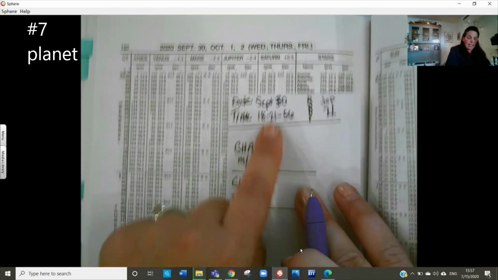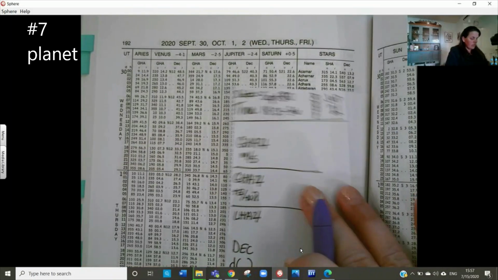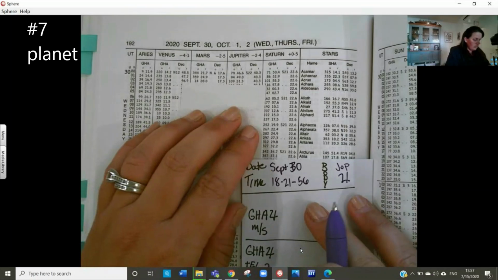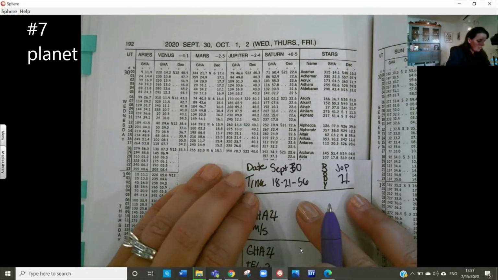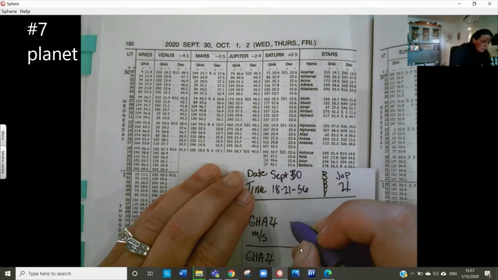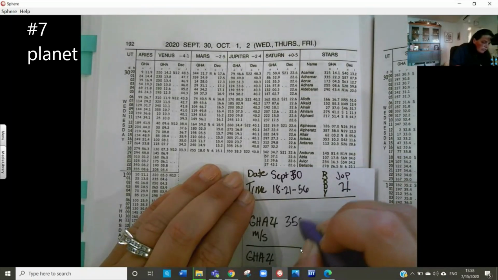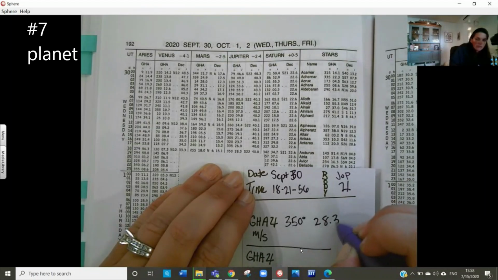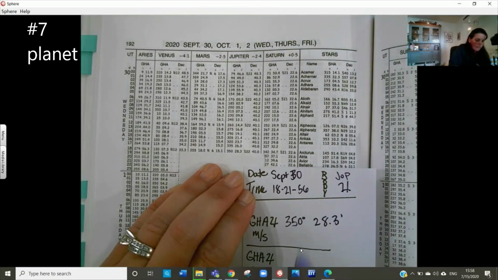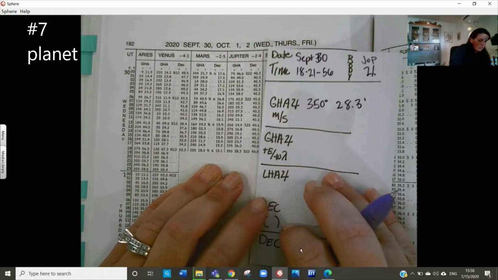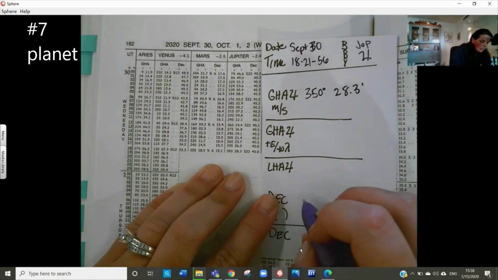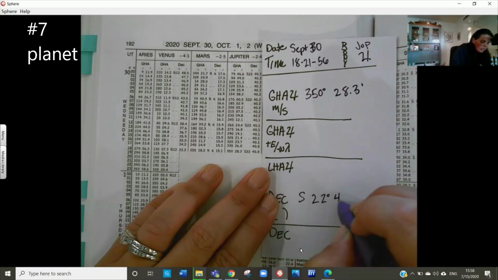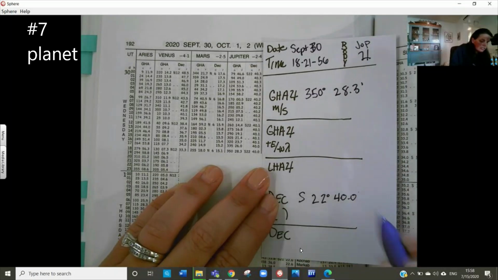So we have a GMT time for September 30th. Jupiter is going to be 354 degrees, 28.3 minutes. For my declination of Jupiter, I have south, 22 degrees, 40.0 minutes.